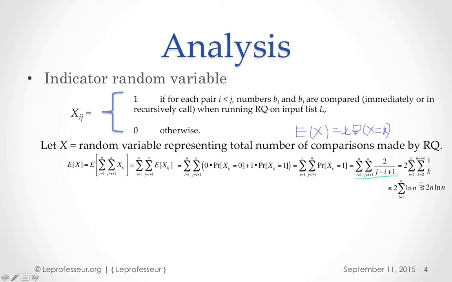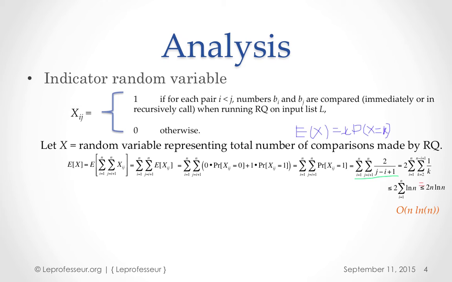Good. So that's how we got that the worst case number of comparisons would be n log n, or in big O notation we can say the worst case time complexity, the upper bound, would be n log n.